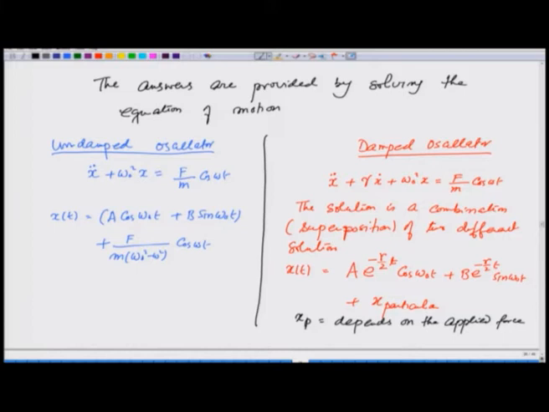But why I wrote this solution in this particular way is because see what happens to the first term, which I am putting in the box, as time progresses.